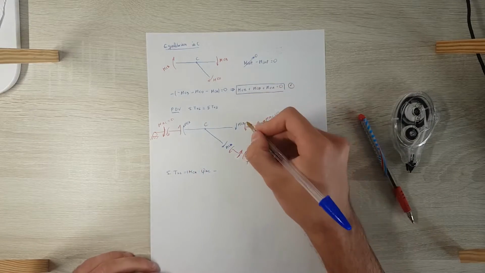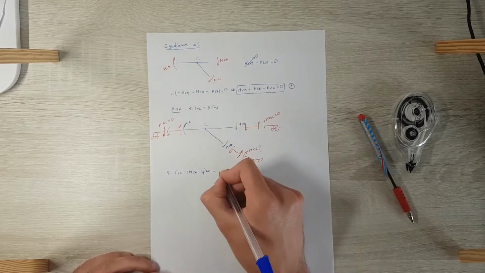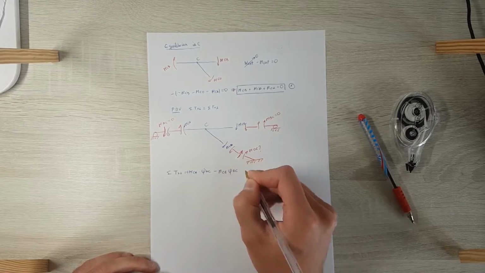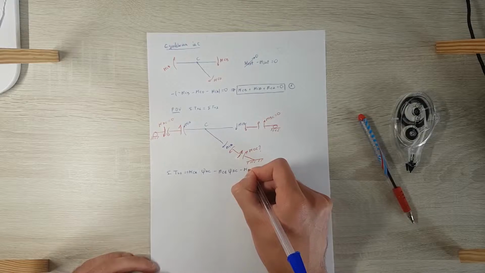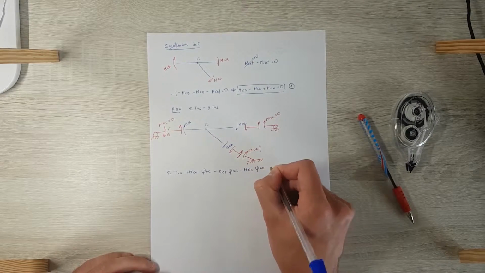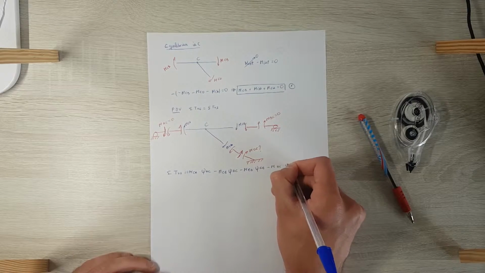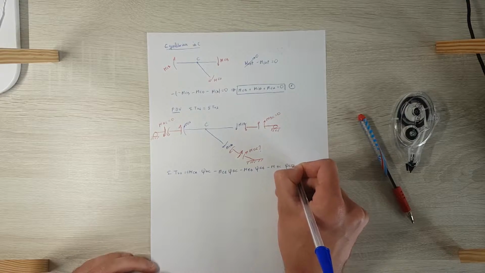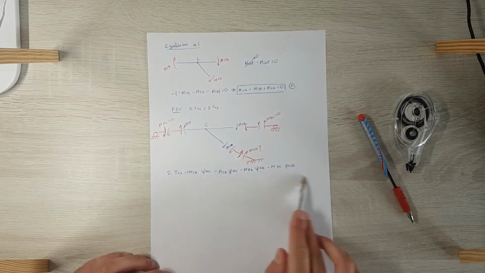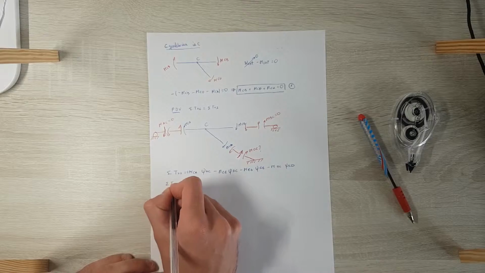Now minus, because this moment MCB is in the opposite direction of CBC, minus MCD times CDC, minus MDC times CDC. So this is the summatory of the internal work.